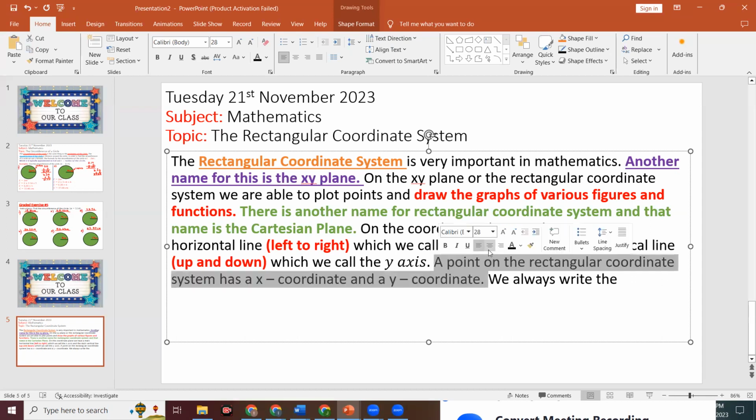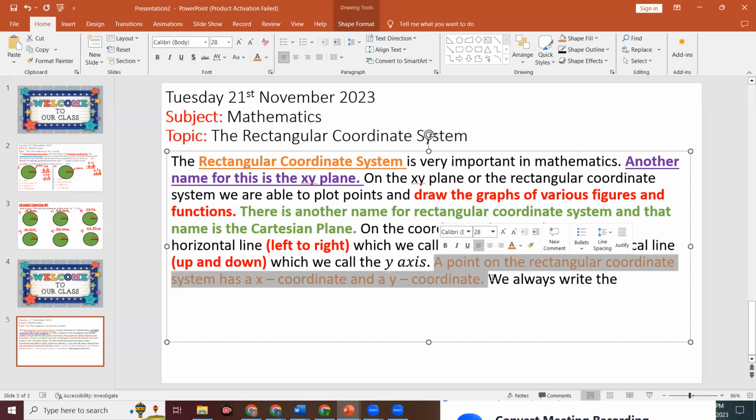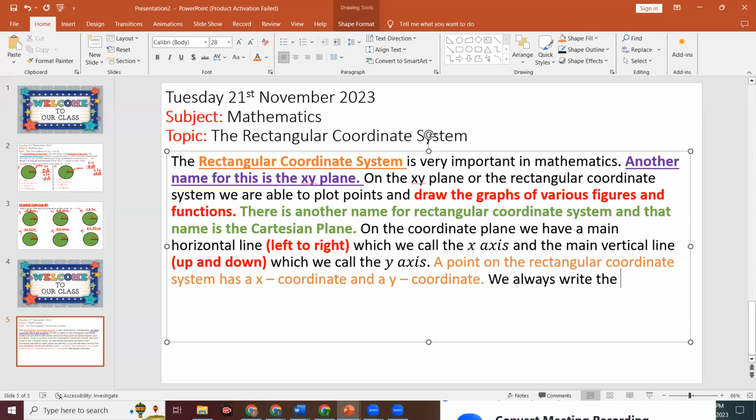So a point on the rectangular coordinate system has an x coordinate and a y coordinate. We always write the x coordinate before the y coordinate. That's very important. So x coordinate always goes first, then the y coordinate. All right, so x before y always. Make sense? Good.